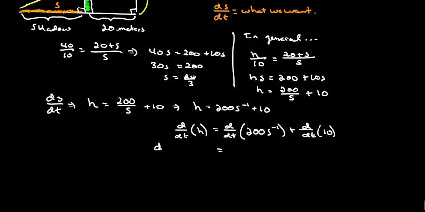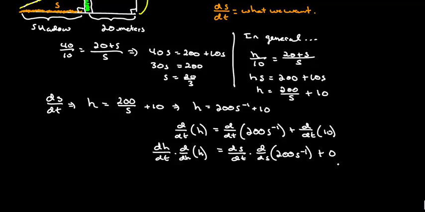This is going to be dh dt times d dh of h. There's my chain rule. Here, again, s is a function of time, so we have to go ds dt times d ds of 200s to the negative 1 plus d dt of a constant is 0.